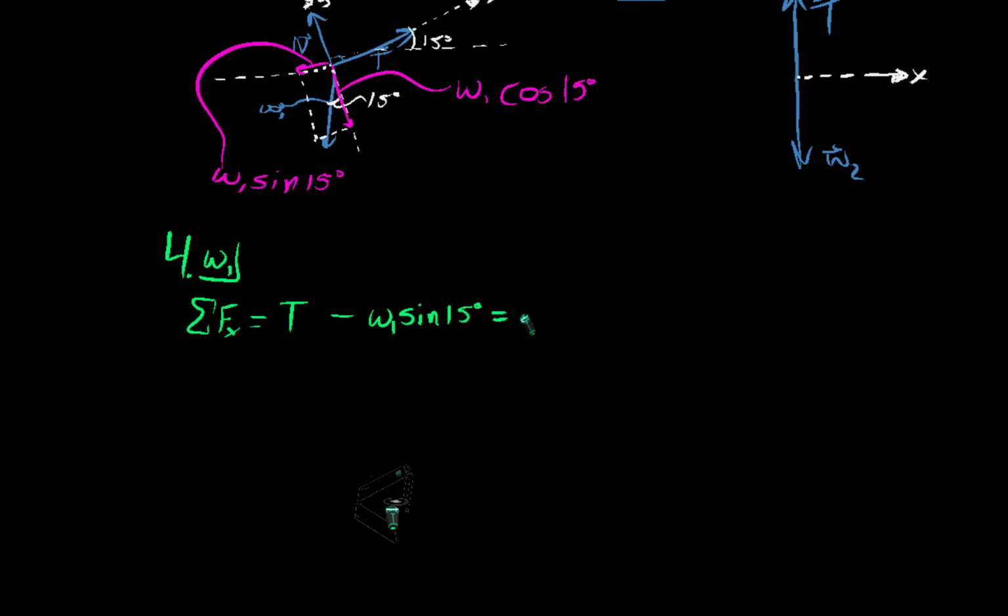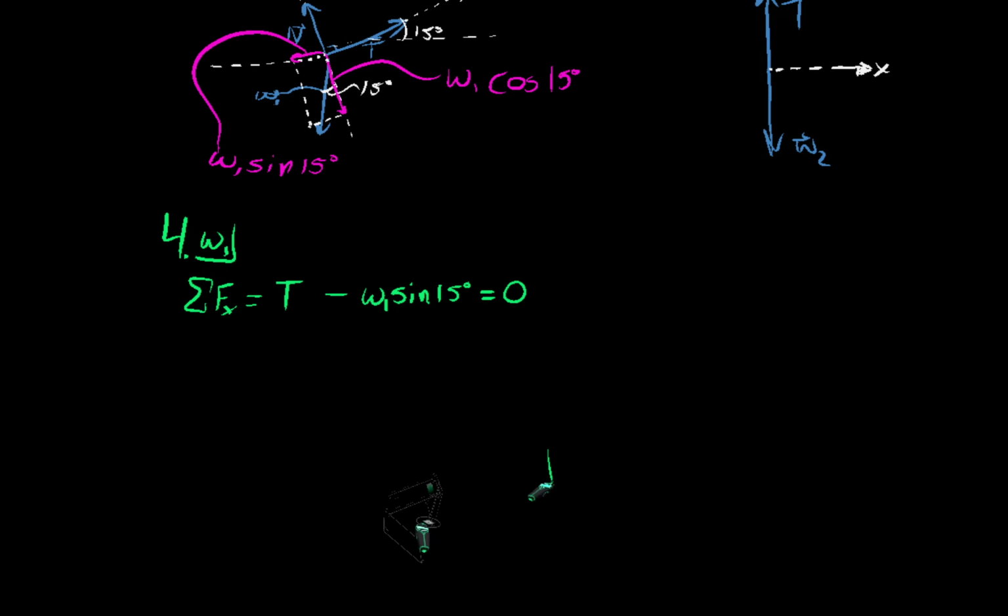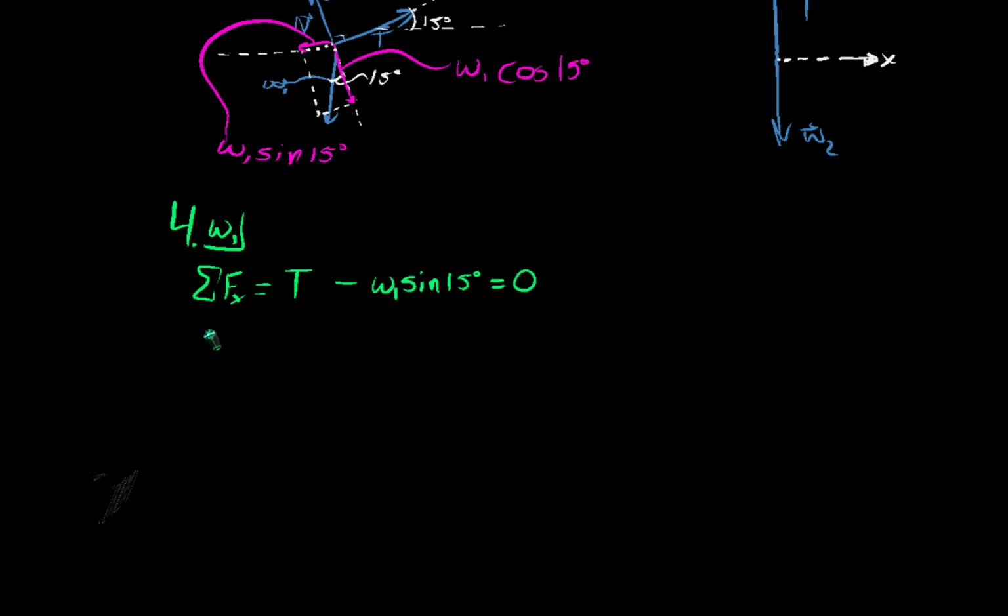And that's equal to 0. It's moving, but it's moving at constant speed, so the acceleration is 0. But it is moving, right? So make sure you don't confuse acceleration and velocity. Go back if you need to get a nice clear distinction between the two.